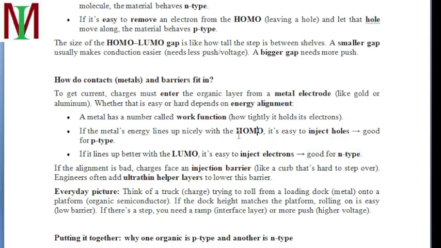If the highest occupied molecular orbital has a hole and it is easy to move, then it becomes p-type. So whether the electrons in the LUMO are easy to move, or the hole created in the HOMO is easy to move, depends on the metal's energy.